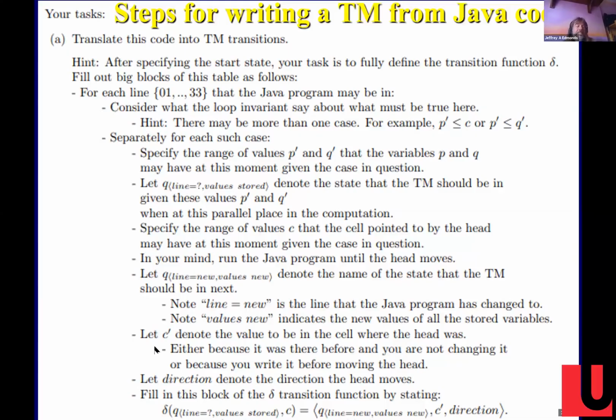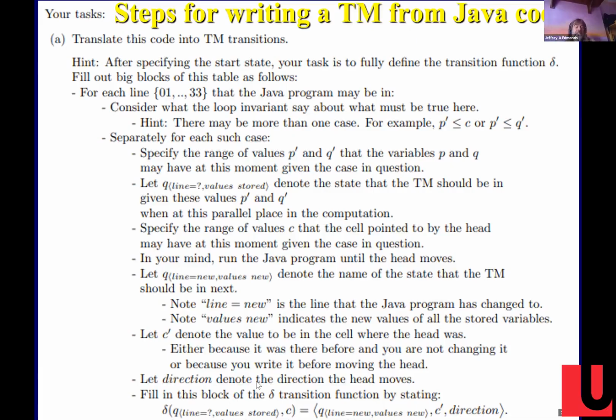Now, let's be fair. There are two situations. Maybe it was the same value that was there before, and you don't want to change it. A Turing machine requires that just before it moves the head, it writes a value. You have to always write a value just before you move the head. So one option is to write the same value that was there before.